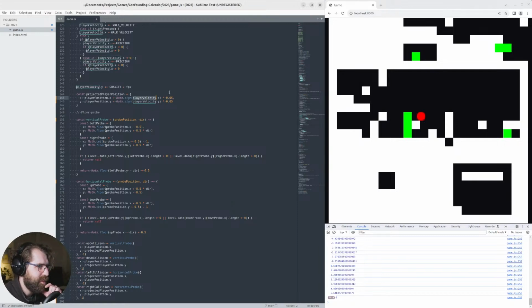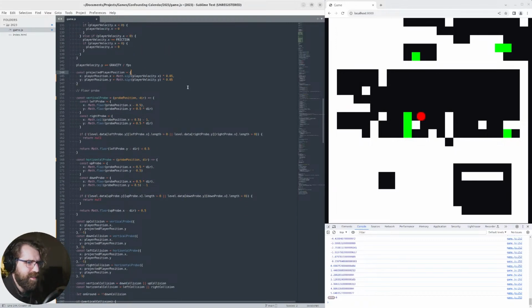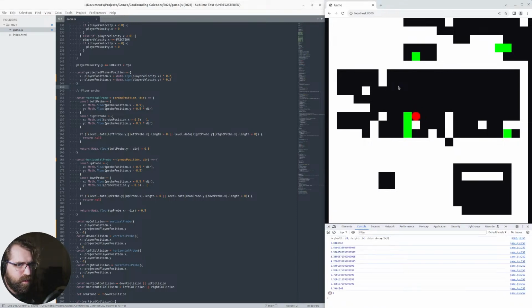It was the velocity divided by frames per second, so basically divided by 60. What's my velocity going at? 12 again. So I guess the same number. Let's do this then. So it's the player position plus 0.2 in the right direction. Okay.